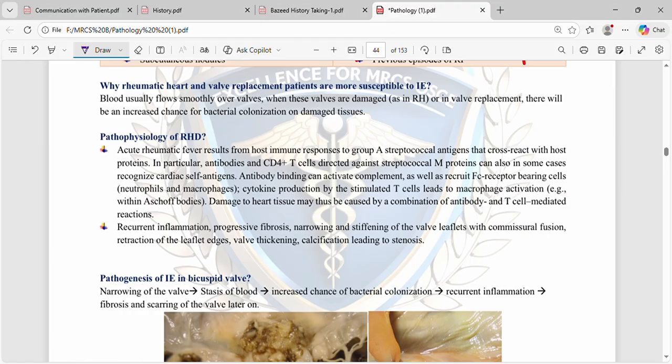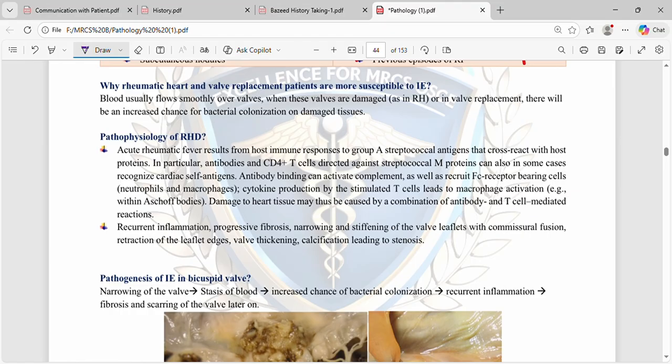There will be less space, causing turbulent flow. There will be fibrosis, thickening, and thrombosis. So there will be high colonization of bacteria on these valves. That is why they are more susceptible to infective endocarditis.